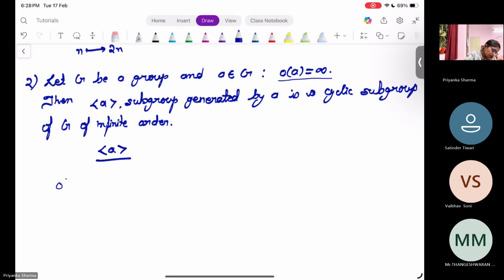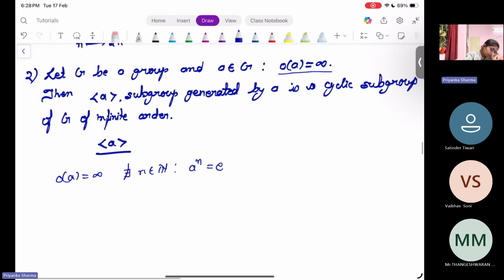The order of a being infinity means there is no natural number n such that a to the power n is the identity element of the group. It means the collection a to the power 0, a square, a cube, and so on forms an infinite set, and this is a subgroup, so it is an infinite cyclic subgroup generated by a.